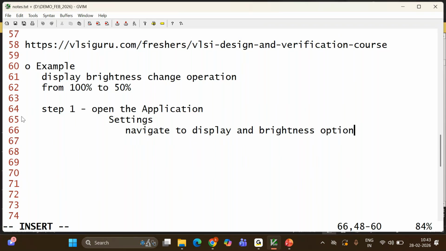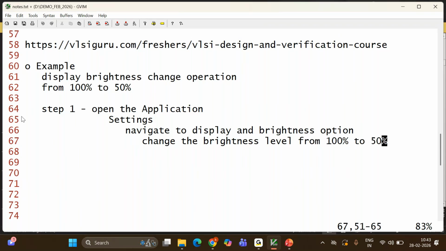Yes or no? Then what do you do? Change the parameters. Basically there is a scrolling option, where you will scroll from 100 to 50%. Change the brightness level from 100% to 50%. Do you agree? This is step number 1. This is what you will do.